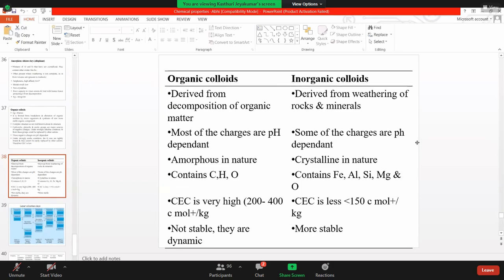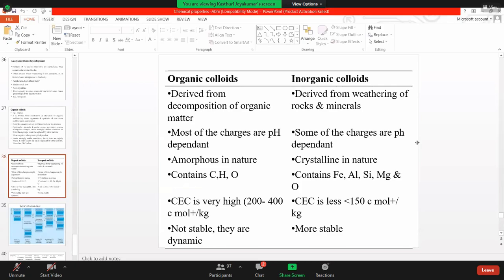Organic colloids contain carbon, hydrogen, and oxygen. Inorganic colloids contain aluminium, silicon, magnesium, oxygen, and iron. If we compare the cation exchange capacity, organic colloids have more, and inorganic colloids have low cation exchange capacity compared to organic.